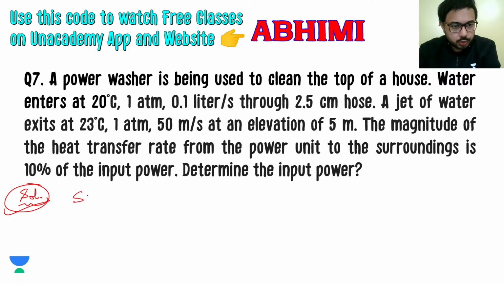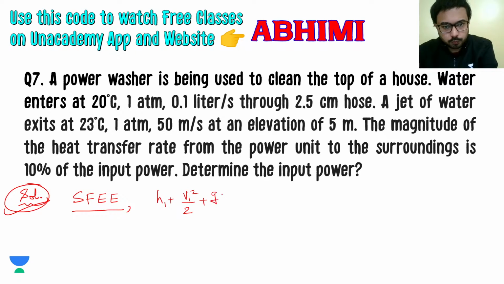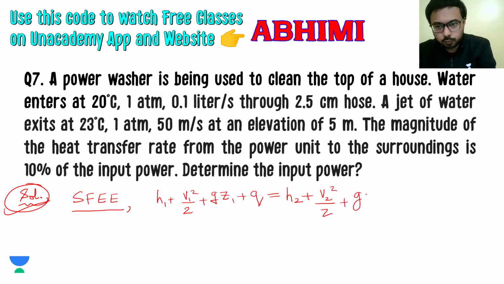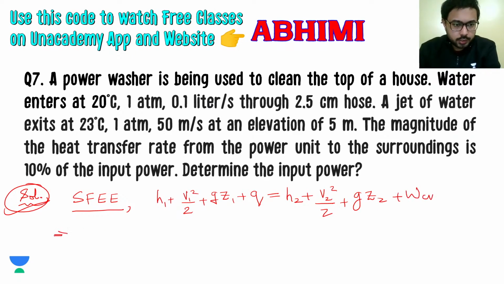Steady flow energy equation, we will be using that. So the steady flow energy equation will be... Since power is given as input, I expect this to come out with a minus sign, because input to the control volume means a minus sign.